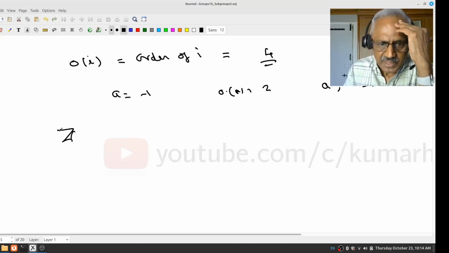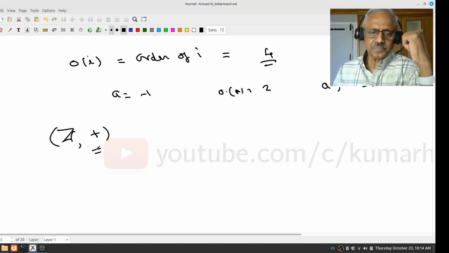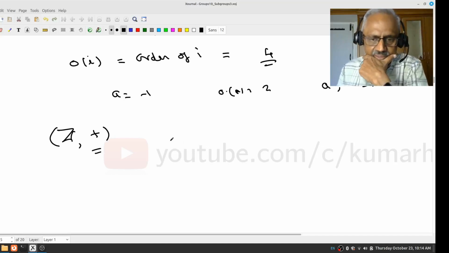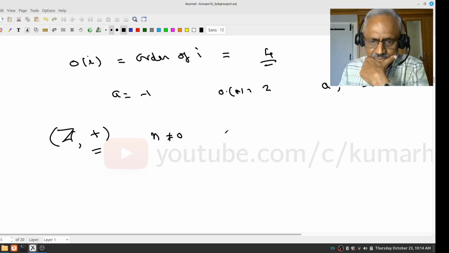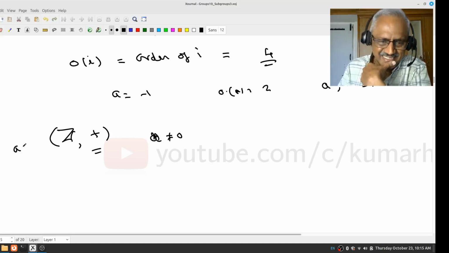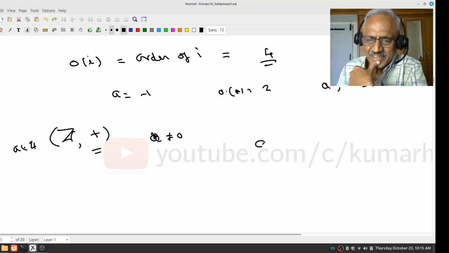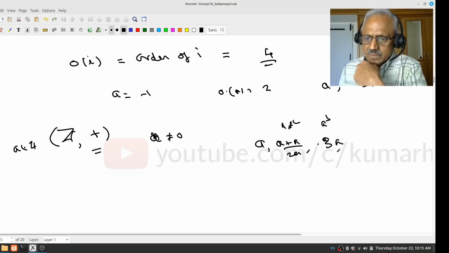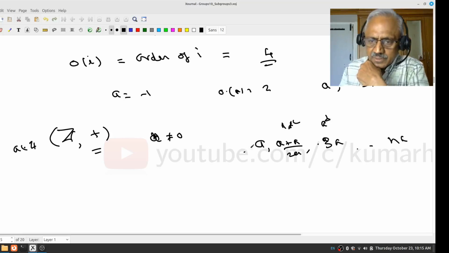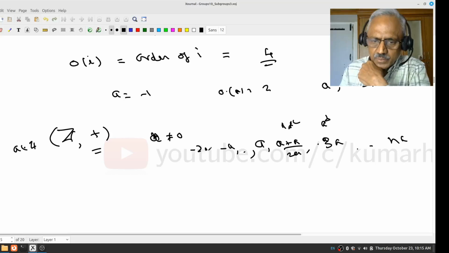But suppose I have the additive group of integers. Then start with any element other than 0. Let us say a is an integer which is not equal to 0. Then I'll have a plus a is 2a, then 3a. These are all a squared, a cubed in the usual notation, but 2a, 3a in additive notation. So I can keep on doing this, and here also I can do minus a, minus 2a and so on.